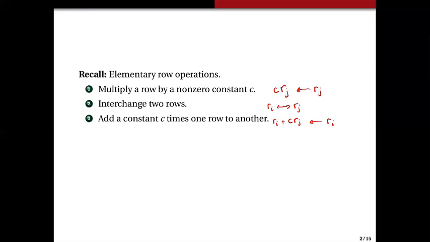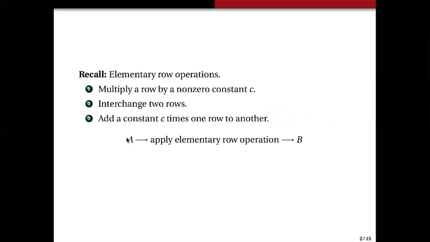So what do we get? For example, you have a matrix A. You do either of the three operations or combinations. But let us just do one of them. So we apply an elementary row operation, and we get a matrix B. We change the matrix. Of course, if you interchange two rows having the same entries, the matrix will not change.